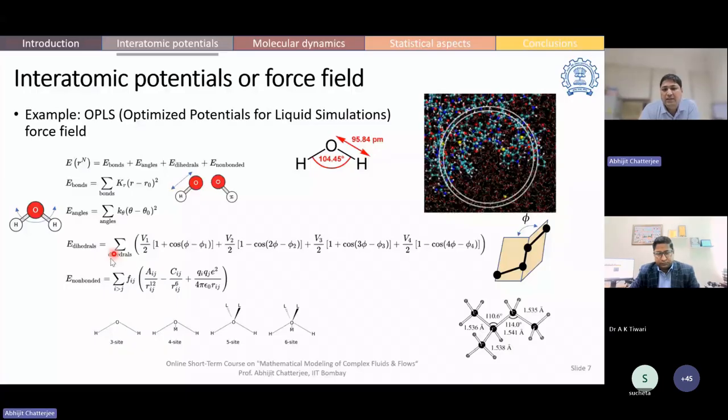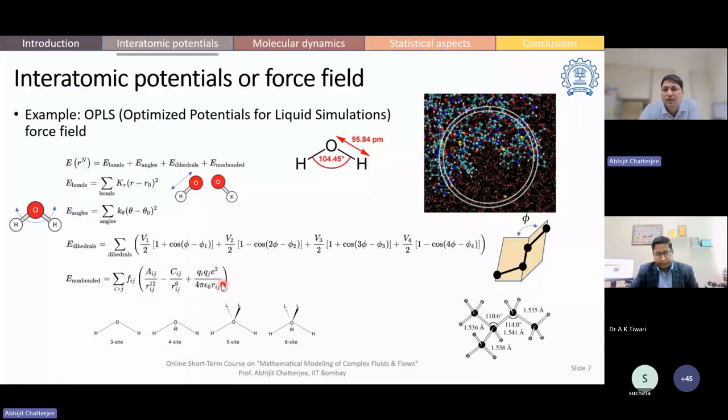And finally, we have these non-bonded interactions, because it's not just looking at within a molecule, but also between different molecules. So they can interact through dispersion interactions like van der Waals interactions, or there can be charges present on the molecules. So one would incorporate Coulomb's law to capture the interaction between the ions.